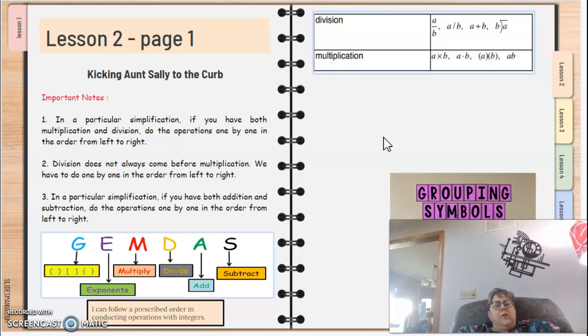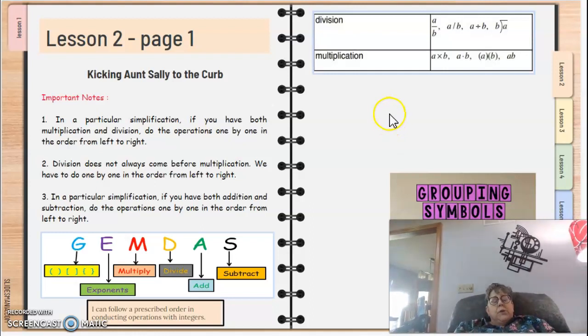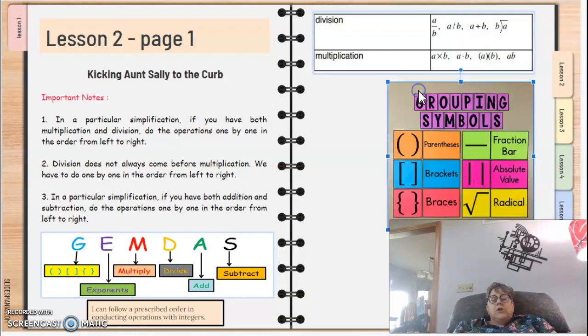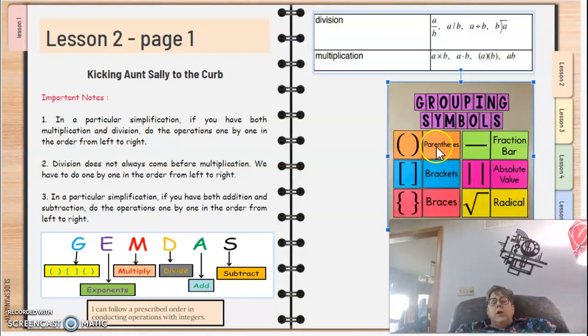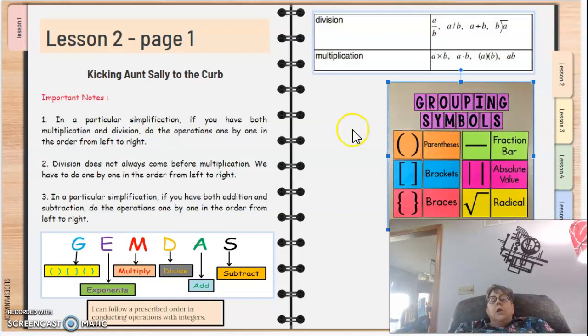Instead of parentheses, we'd really like to change it to groupings, because there are so many different ways in which we can group numbers and systems and equations and expressions. Groupings include parentheses, of course, fraction bars, brackets, absolute value, braces, and radicals.